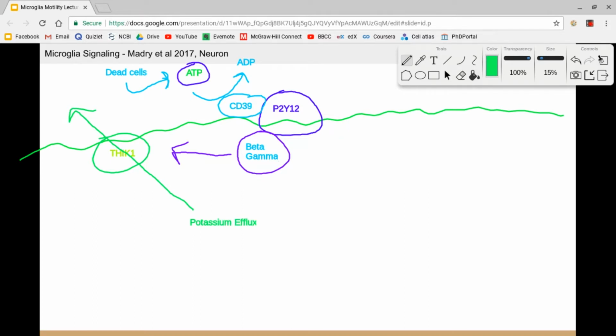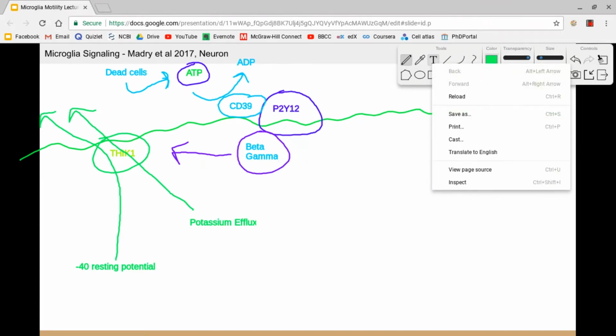And before going any further, I want to go over this idea that the -40 is the resting potential of microglia. -40 resting potential is normal business as usual. And in order for it to get there, it's actually kind of regulated through THIK1. THIK1 regulates the tonic baseline activity of the potassium currents, right?